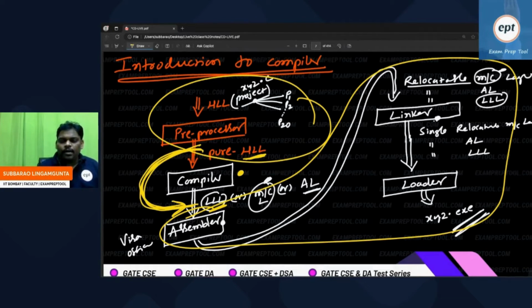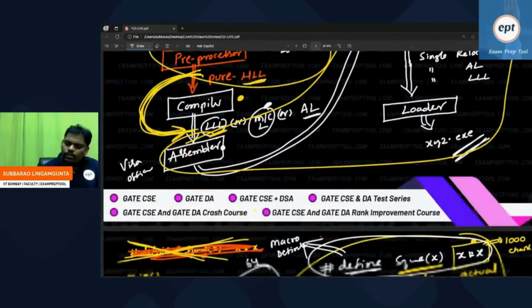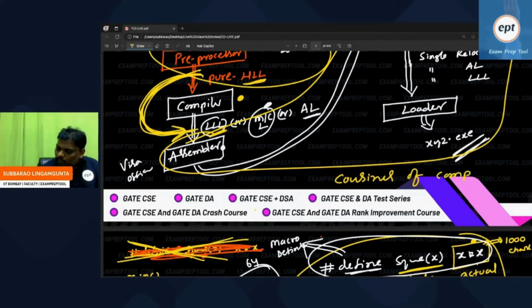Since no one has doubts, I just want to say one thing. See this one. After the compiler, this is called language processing.